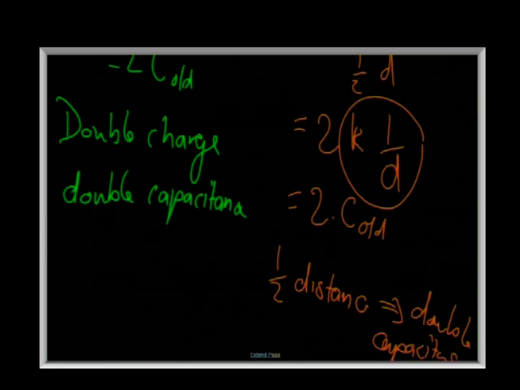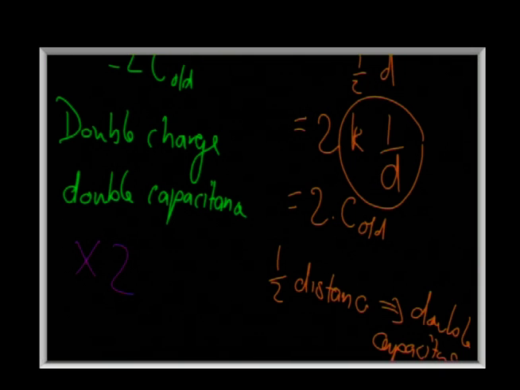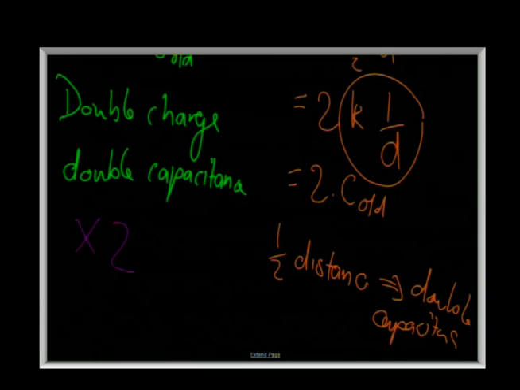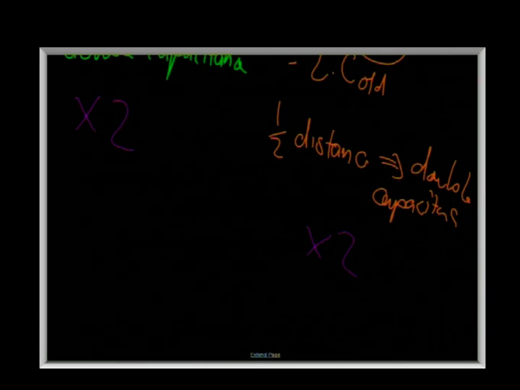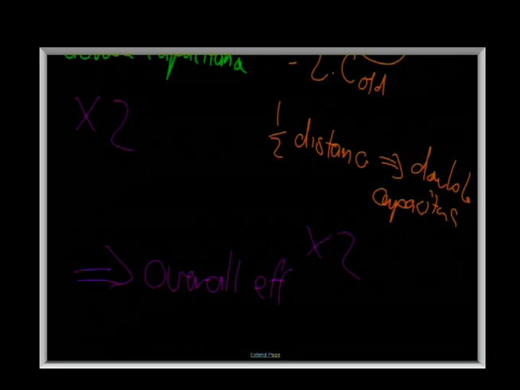Well, this was a factor of changing the capacitance by times 2, and this is a factor of times 2. And if you do times 2 times 2, then the overall effect is 4 times. So by halving the distance and doubling the charge, you have increased the capacitance 4 times.